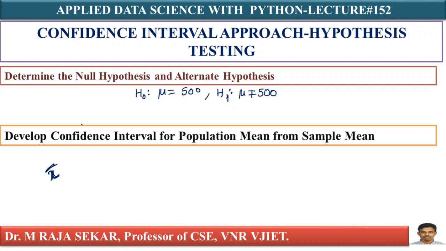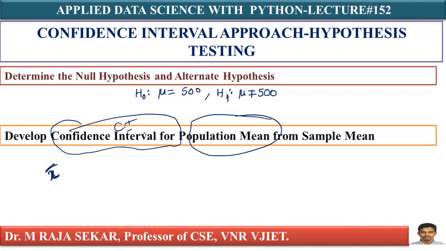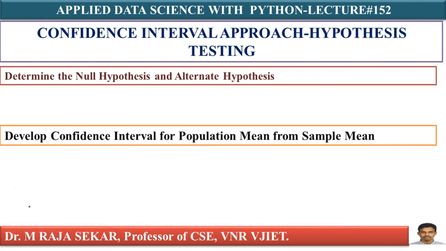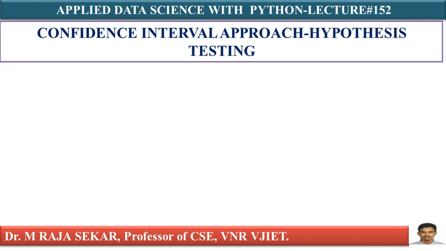That's important. We are constructing the confidence interval, CI, for the population mean with the help of the sample mean, x bar.